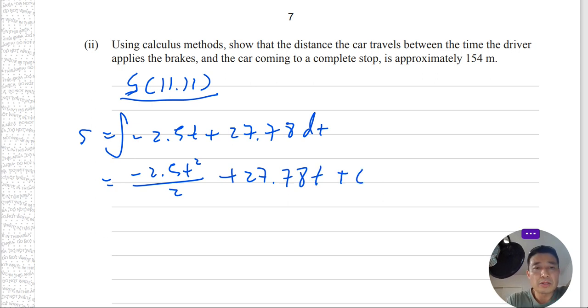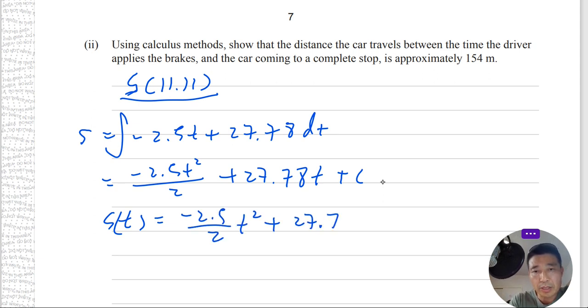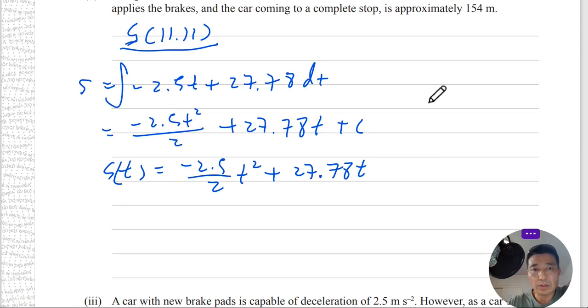However, c must be 0 because s of 0 must be 0, isn't it? Hence, s of t must be minus 2.5 over 2 t squared plus 27.78t, right? Now we plug 11.11 into t.